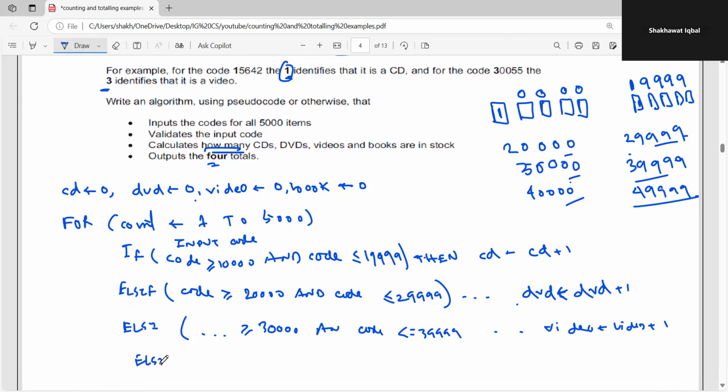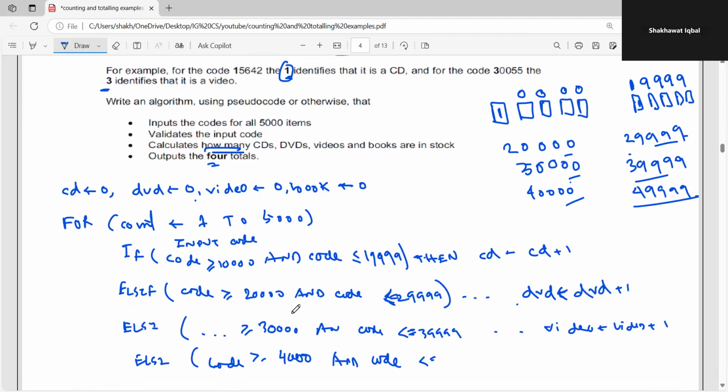Else if your code is greater than or equals to, remember the syntax, okay? 40,000 and your code is less than or equals to, you should write less than or equals to this way, okay? Not this way.